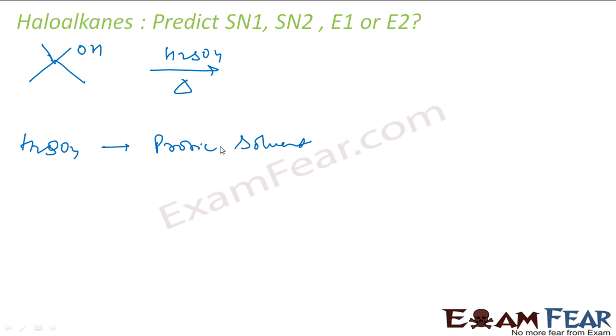And please note, in this case, my reagent is also H2SO4 and solvent is also H2SO4. Correct. Now, since it is a protic solvent, my SN2 and E2 is gone, right? So we can discard SN2 and E2 reaction. So I have the possibility of SN1 and E1 reaction.